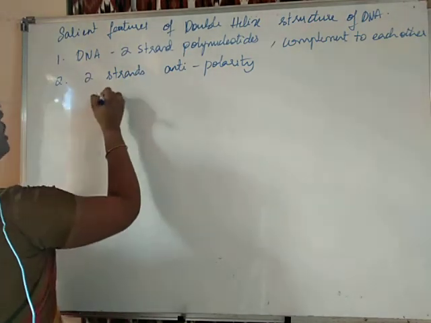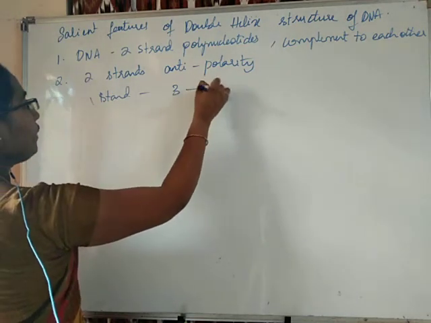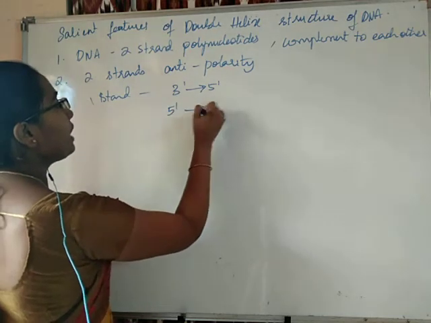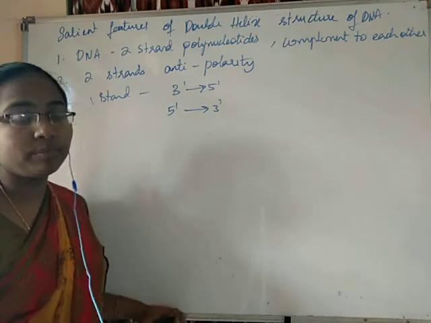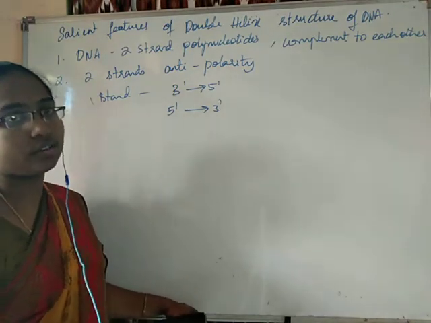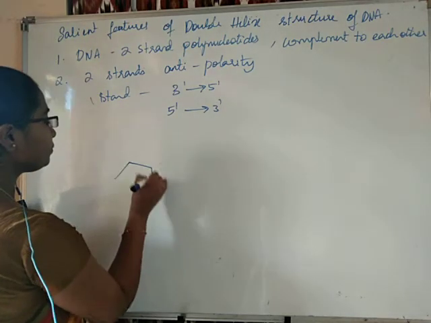That means one strand will run in the 3 to 5 direction and the other strand will run in the 5 to 3 direction. What is this 3 to 5 and 5 to 3? See students, as we have studied regarding the structure of DNA, how was the structure of DNA?